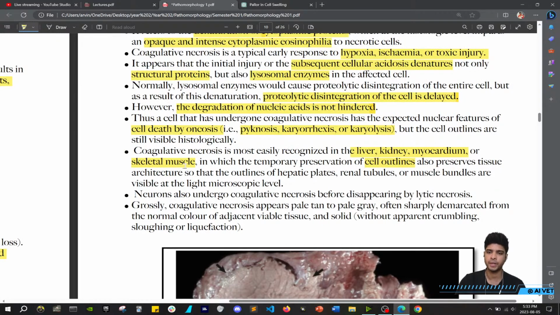Cell outlines are still preserved and they preserve the tissue architecture. They are visible at the light microscope level. Neurons also undergo coagulative necrosis before disappearing by lytic necrosis.